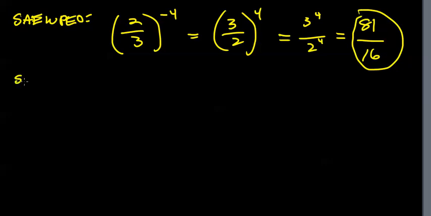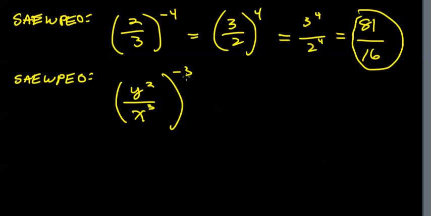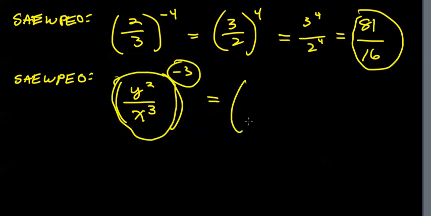And how about that same rule with some variables? Let's say I've got y squared over x cubed raised to a negative exponent, negative 3. The rule says a quotient raised to a negative exponent: invert that quotient, invert that base, and change your exponent sign.